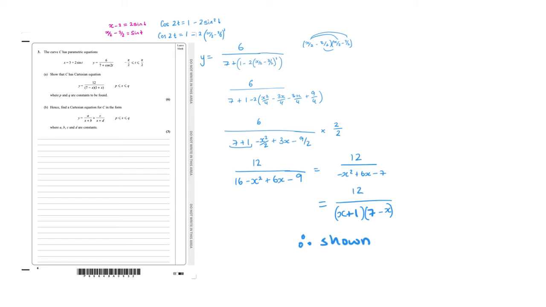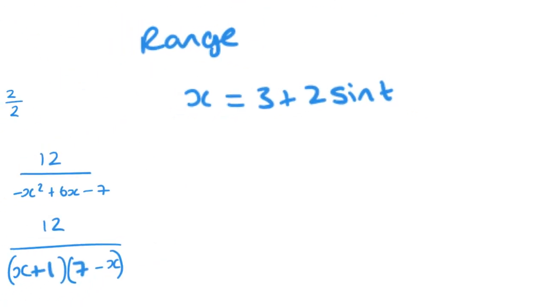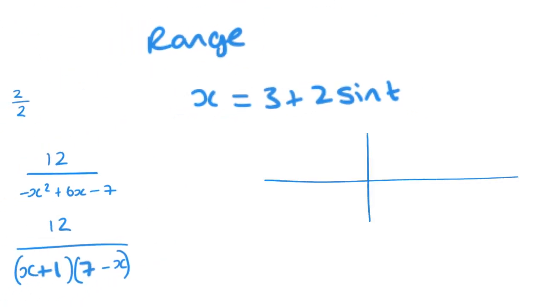Now, it wants us to find the domain of this. What do we know about the domain of the Cartesian equation? It's the range of the x equation in the original thing. So we just need to find the range of the x equation, 3 plus 2 sine t. Now, if you think about sine t, what does the graph look like? Like this. So the range is between 1 and minus 1.